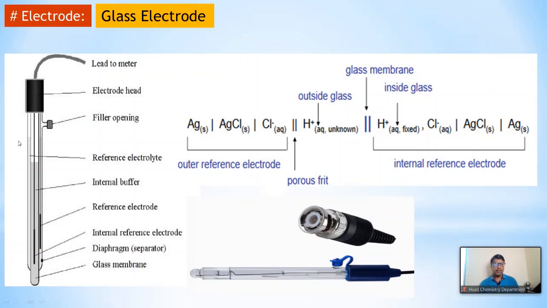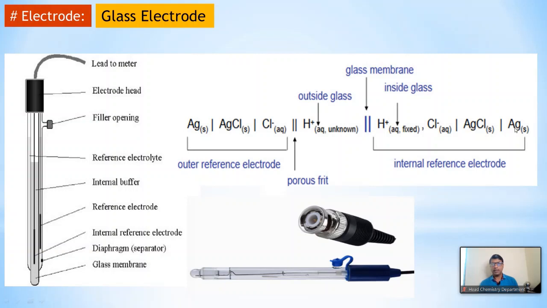So this combined glass electrode is nothing but a representation of an electrochemical cell. Here we simply construct one electrochemical cell. Okay, let us understand the representation of this combined glass electrode. This is the internal reference electrode. What is involved in this internal reference electrode?